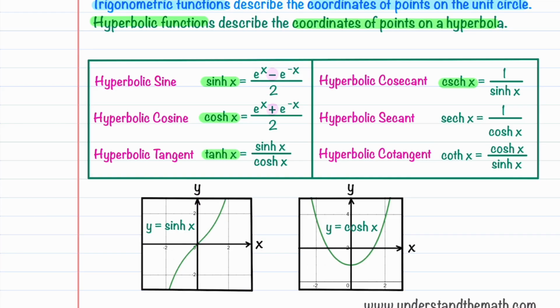The hyperbolic secant function is sech x, and it's just 1 over cosh x. And then lastly, the hyperbolic cotangent function is coth x, and it's just cosh x over sinh x. Down here at the bottom, I have graphed sinh x and then cosh x so that you can see what they look like.